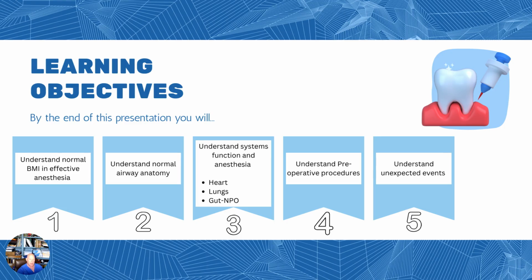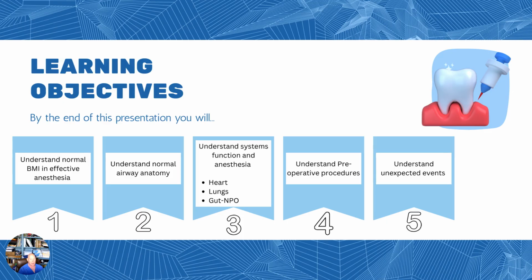The first objective is to go over body mass index and how it affects anesthesia. Then we will go over the normals of airway anatomy. Third, we will go over three systems: the heart, the lung, and the gut, and go over what's normal and provide abnormal findings also.